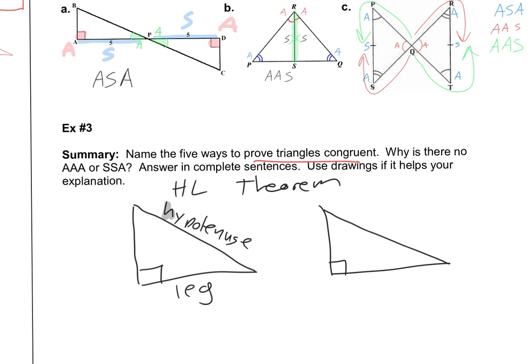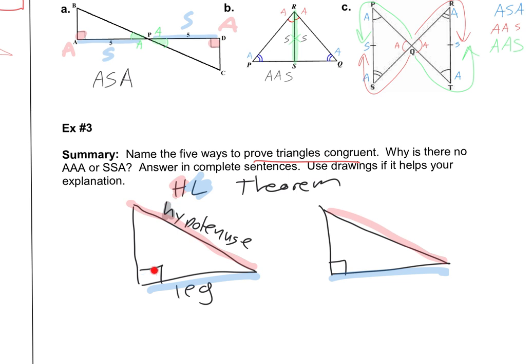And that just says if you have a hypotenuse that's congruent in 2 triangles and a leg that's congruent in 2 triangles, as long as they're both right triangles, then this would be enough to prove the triangles are congruent. Again, this only works for right triangles.